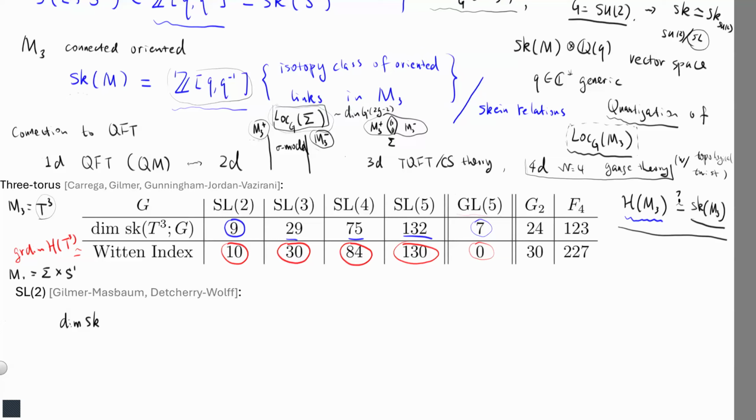Can we have any physical counterpart? I prefer to consider skein modules which are infinite dimensional. Yeah, that's an interesting question. I've never thought about this.